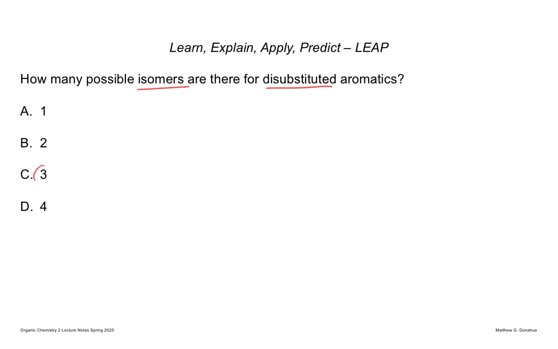So 3. I'm just going to call the substituents A and B. So that's called the ortho or the 1-2 relationship.